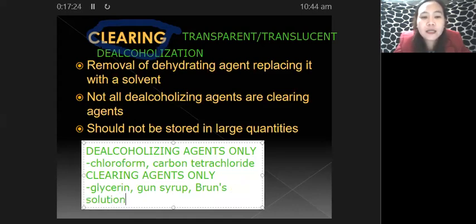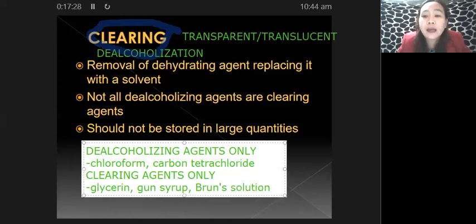Again, these reagents are capable of making your tissues transparent or translucent. However, they do not remove alcohol.